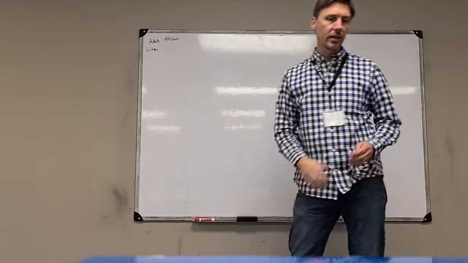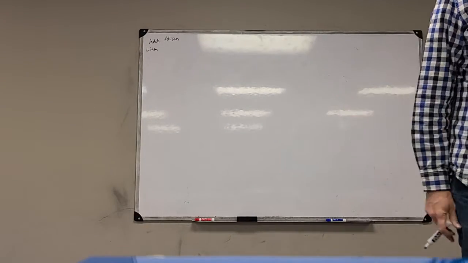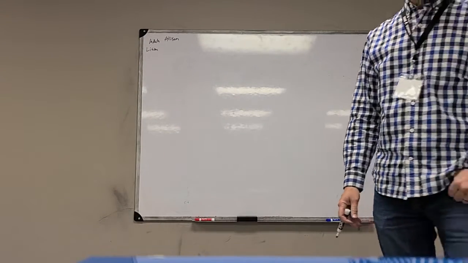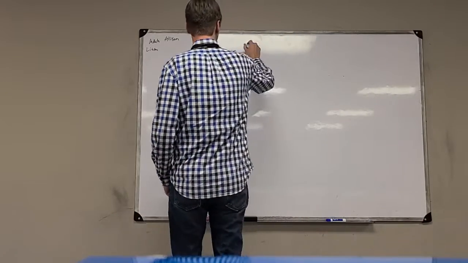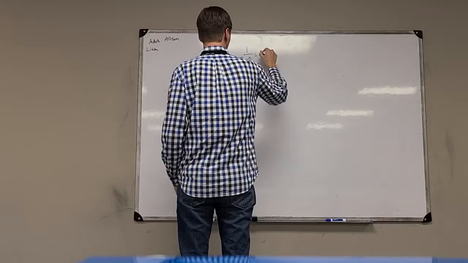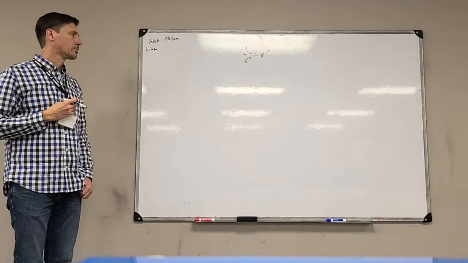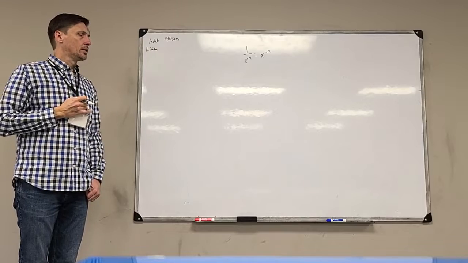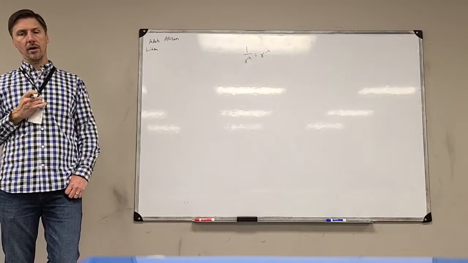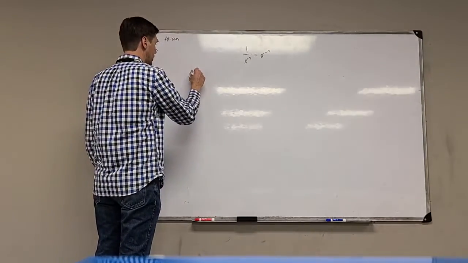So the first thing that we want to learn is how to deal with negative exponents. And we need to understand this, that 1 over x to the n power is equal to x to the negative n power. And so what that means is that if you have a value raised to a particular exponent, let's say we've got x cubed.